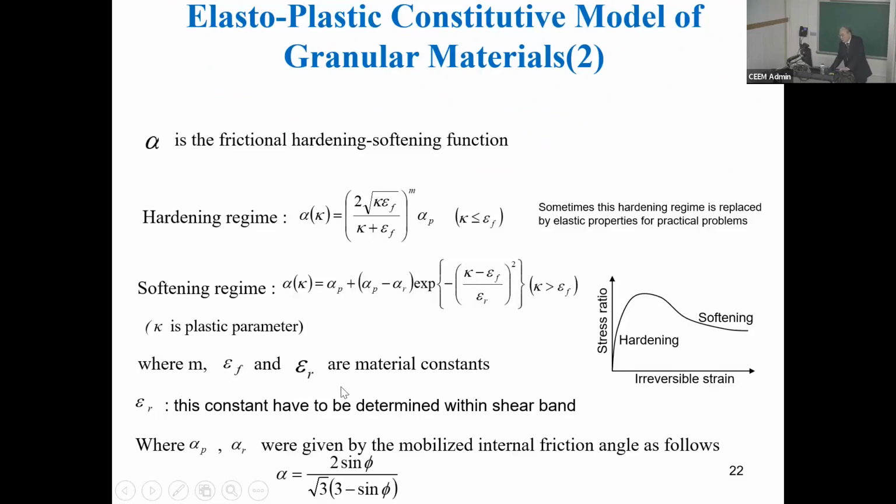Where epsilon M, epsilon R, but anyway, in the softening regime, determination of this bar epsilon R is very difficult, not easy, because we investigate the stress strain relation within the shear band.